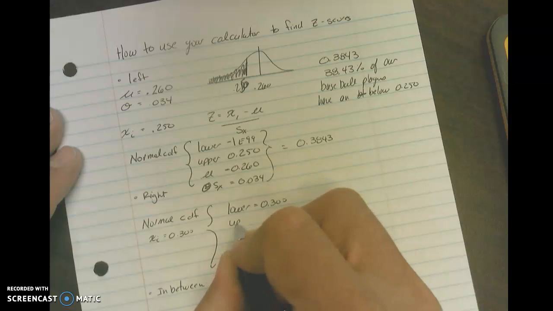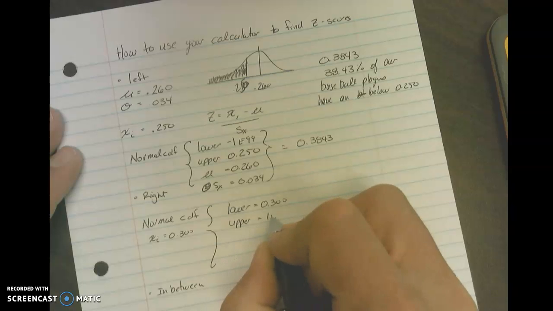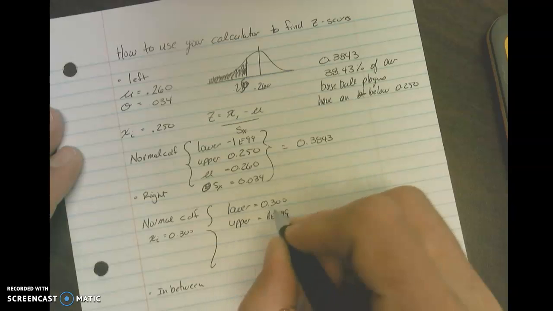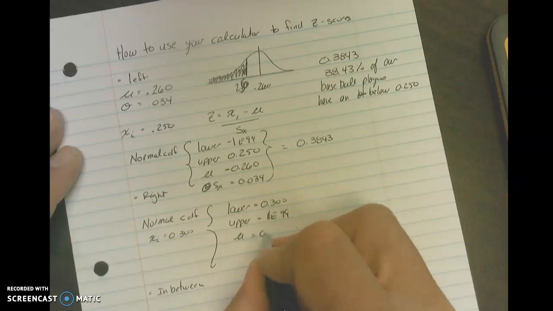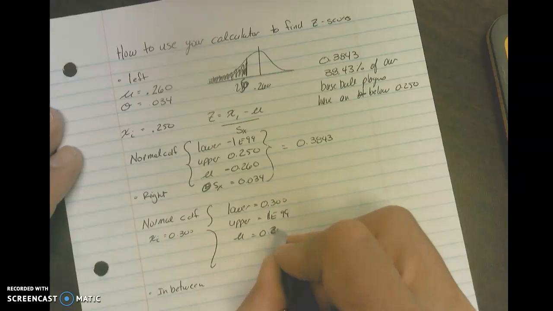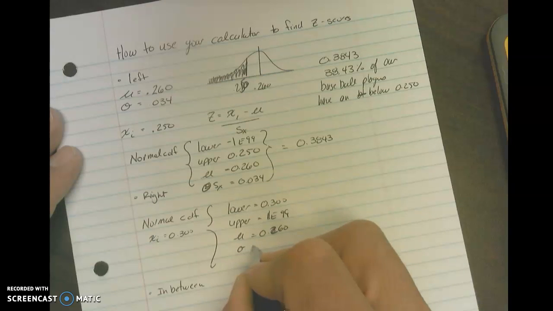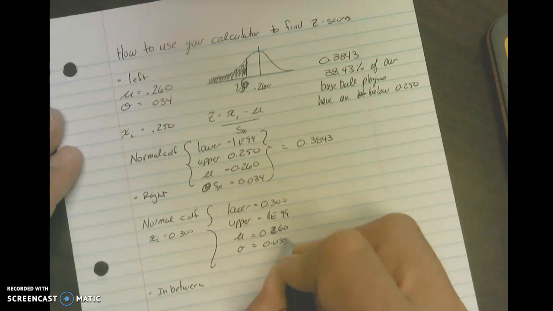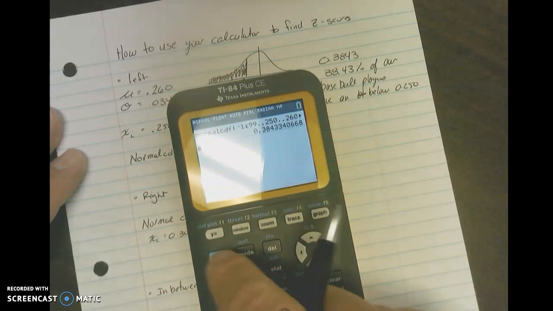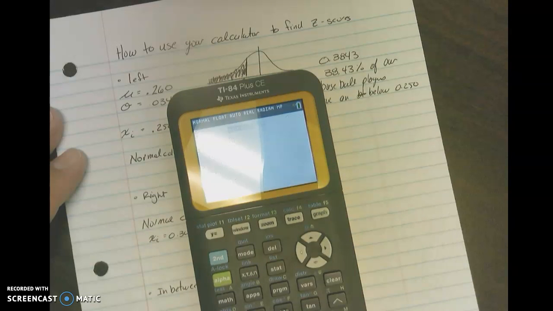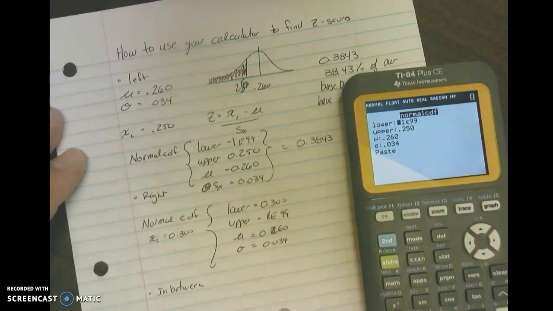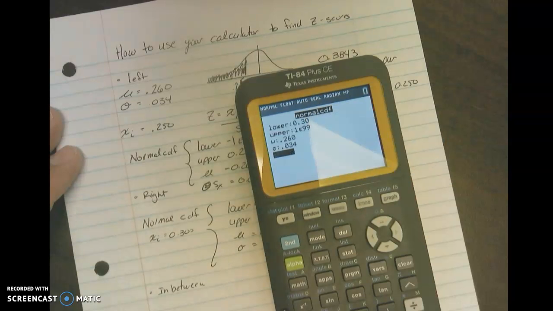Our upper is the scientific notation, but this time it's positive. And then our mean didn't change. So we're just going to go 0.30, second E99, and then everything else stays the same.